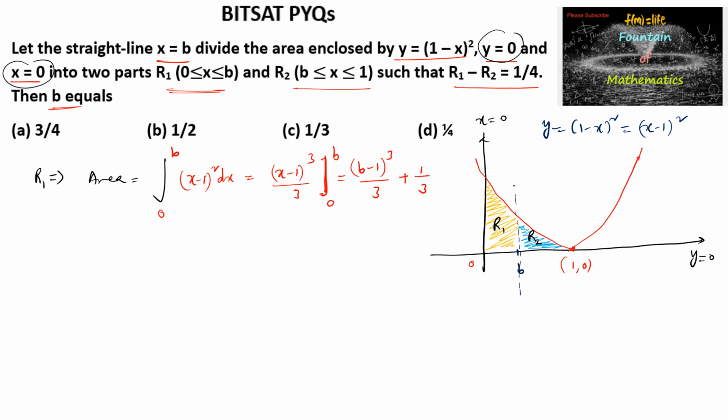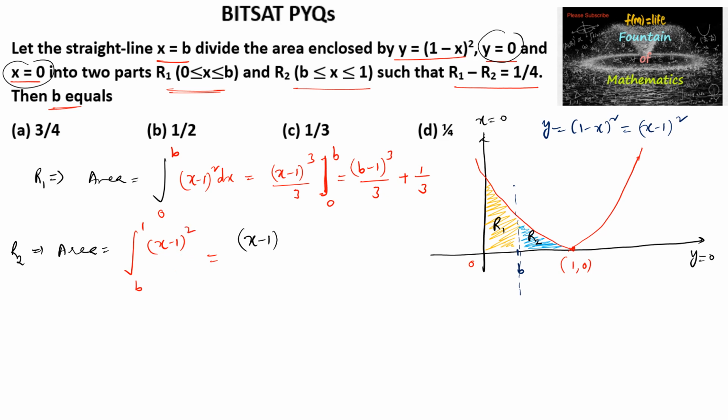And now R2 area is equal to the integral from b to 1 of (x minus 1) whole square.